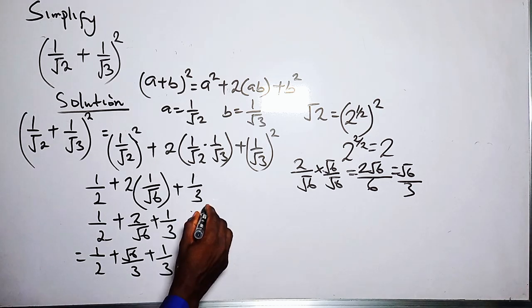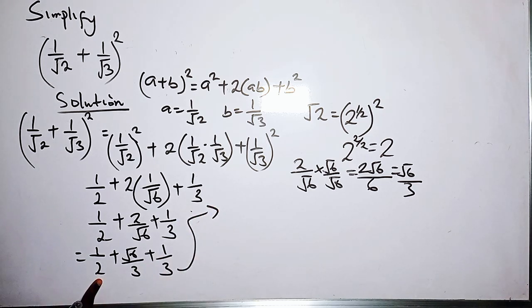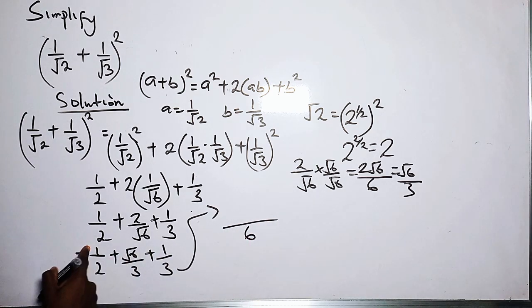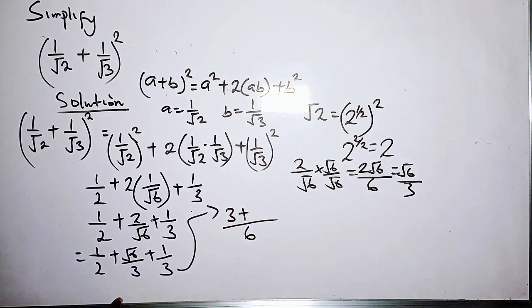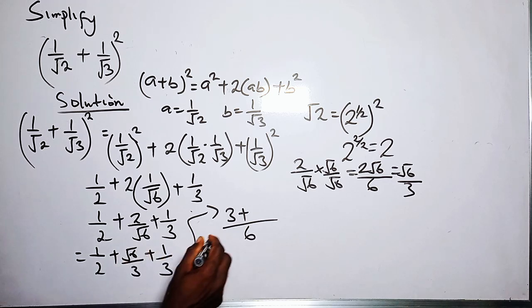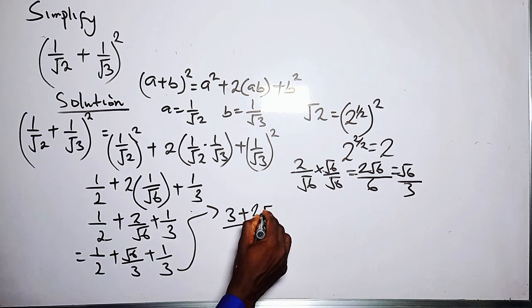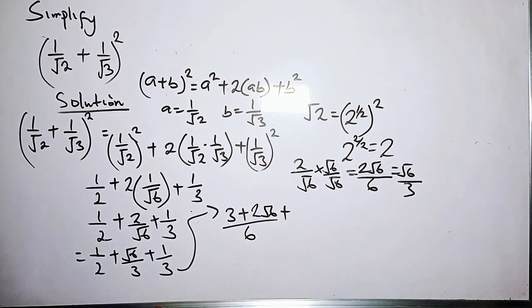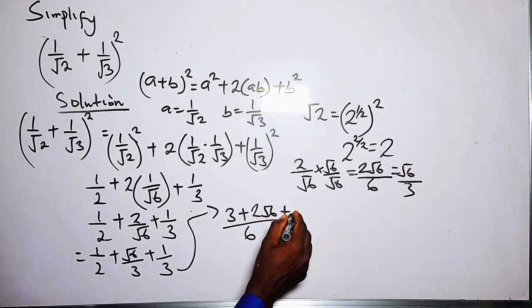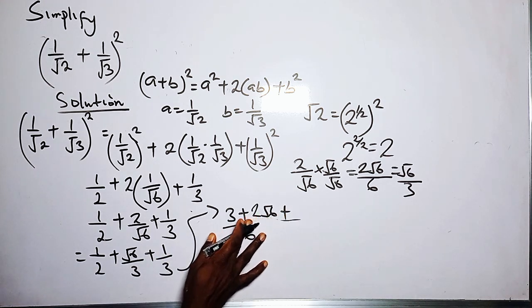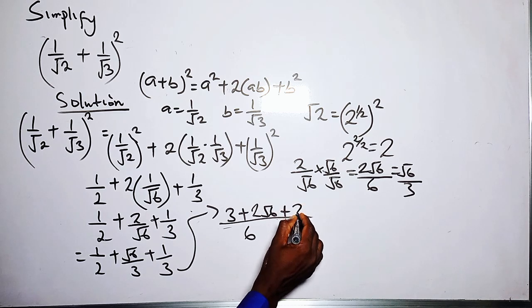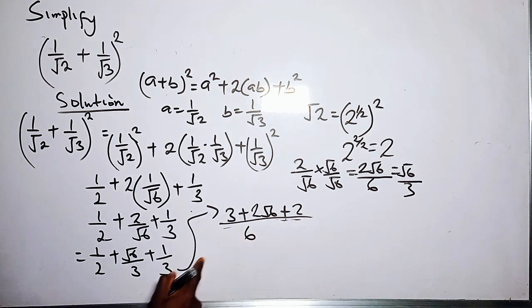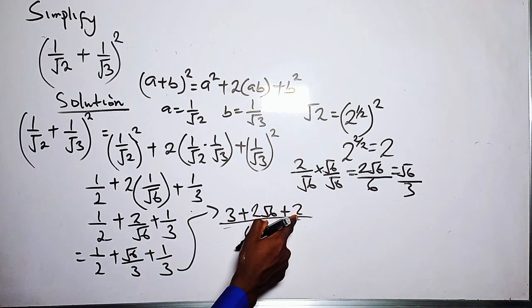We can use the LCM approach to simplify this further. The LCM of 2, 3, and 3 is 6. For 2, 6 divided by 2 is 3, multiplied by 1, we have 3. For 6 divided by 3, we have 2, multiplied by root 6, we have 2 root 6. For 3, 6 divided by 3 is 2, multiplied by 1, that gives 2.